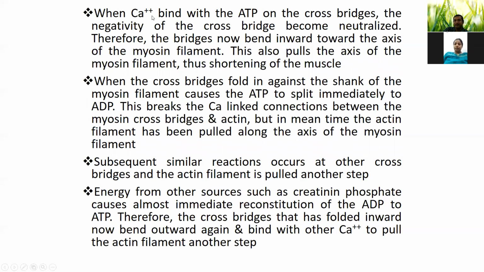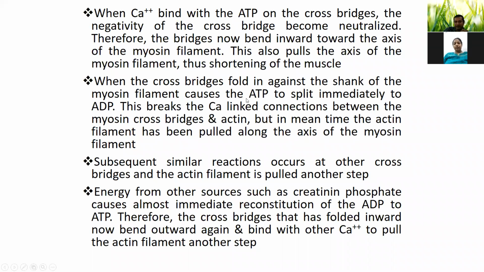Again, these calcium ions bind with the ATP on the cross bridge, and the negativity of the cross bridge becomes neutralized, and the contraction changes into relaxed motion. The bridges bend inward toward the axis of the myosin filament and pull the axis of the myosin filament to shorten the muscle.